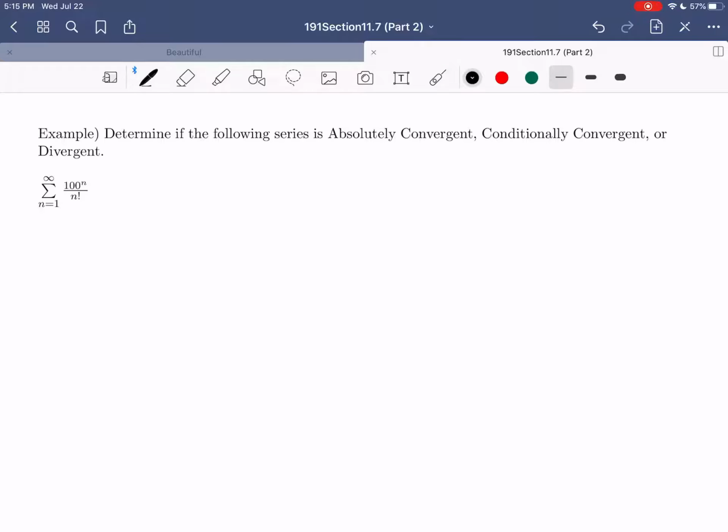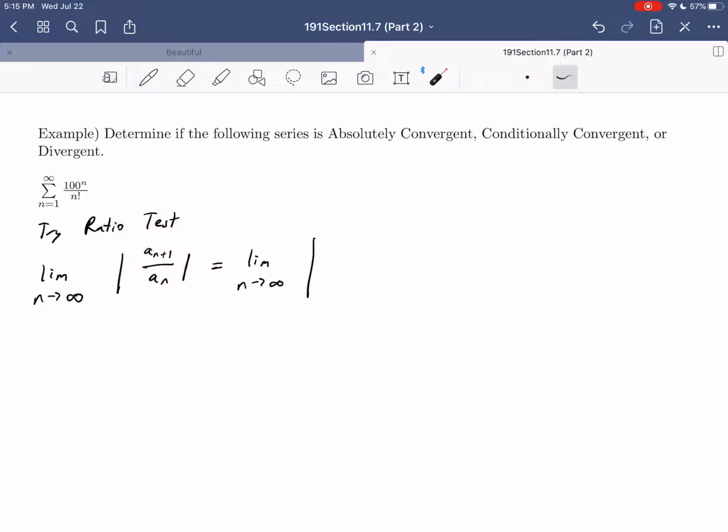Because it's got a factorial in there, we should use ratio test. So we're going to try ratio test here. We're going to do the limit as n goes to infinity, absolute value a sub n plus 1 over a sub n, which is the limit as n goes to infinity. a sub n plus 1, that's this plugged in with n plus 1, so we would have 100 to the n plus 1 over n plus 1 factorial, divided by a sub n, which would be 100 to the n over n factorial.